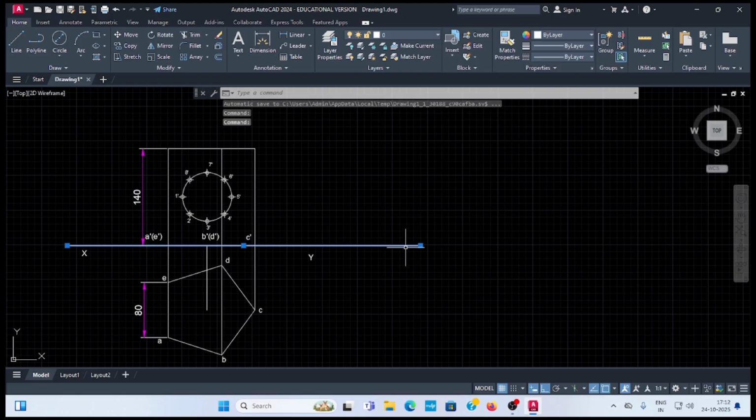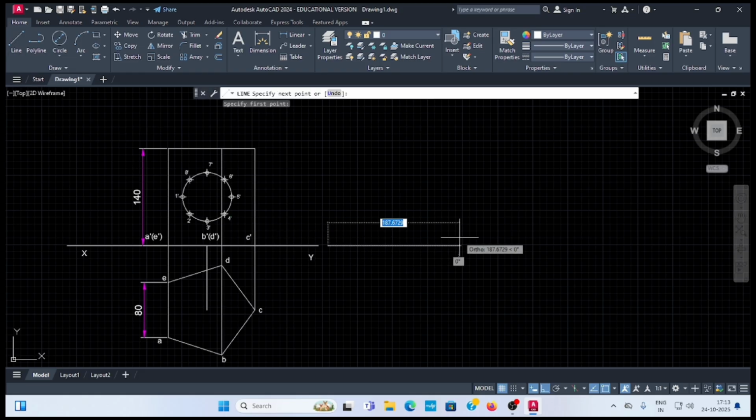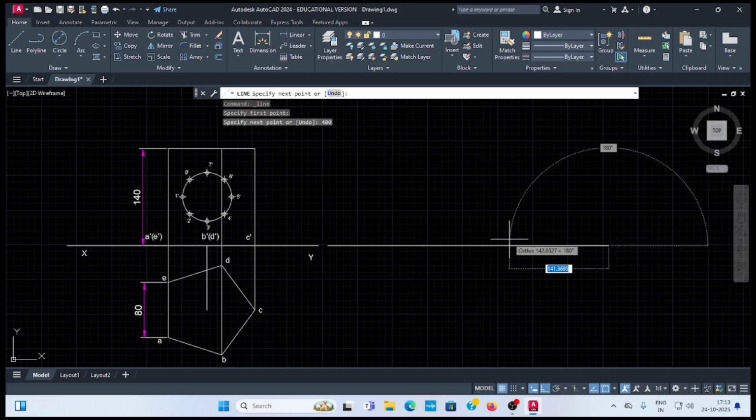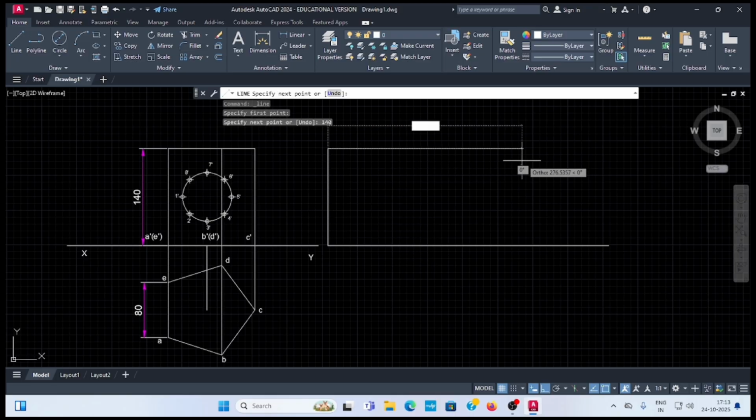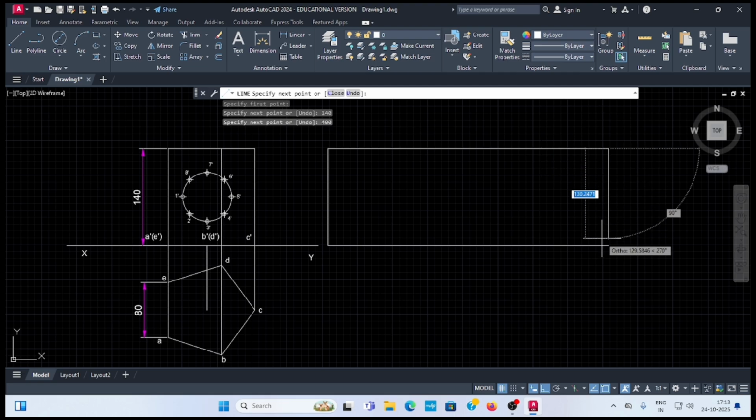I shorten this length. Take line from here 5 times, so 400 mm, and the same height 140, enter, again 400, enter, and keep like this.